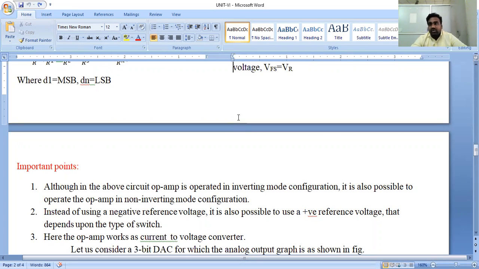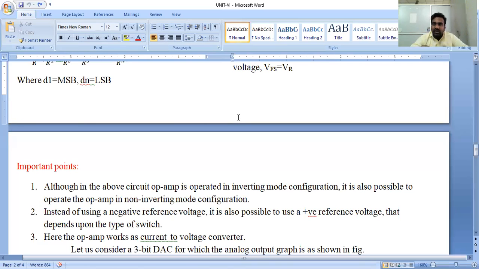This is what we discussed in the previous class. Instead of using the negative reference voltage, we can use a positive reference voltage. We connected a negative feedback. We know the purpose of negative feedback in this type of inverting operational amplifier: to provide high gain, to get a proper gain value.